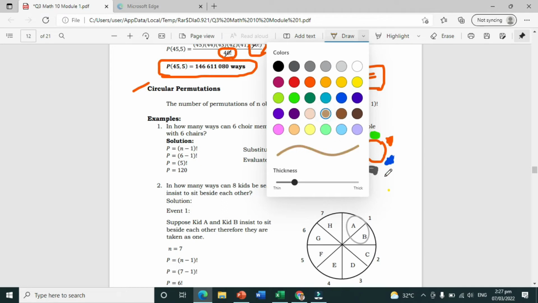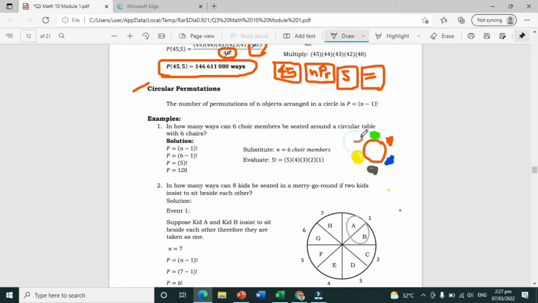Okay, so yan yung arrangement in a circular table.